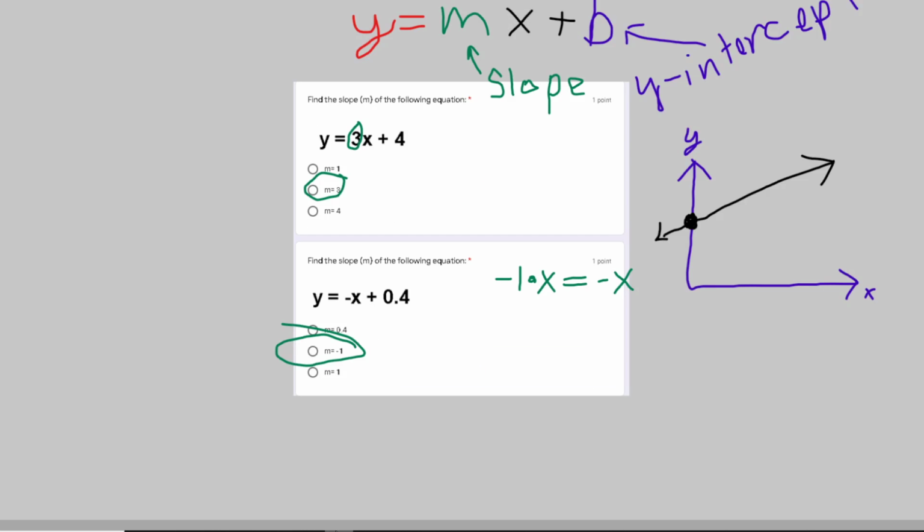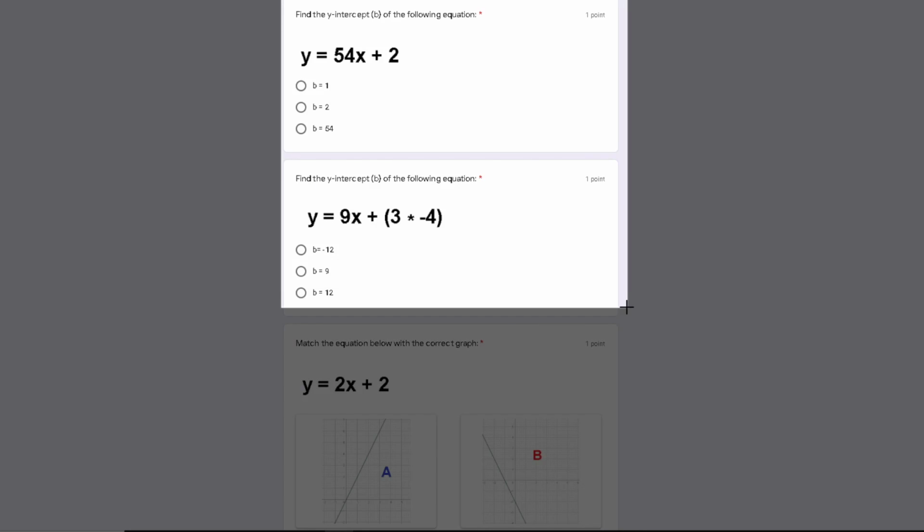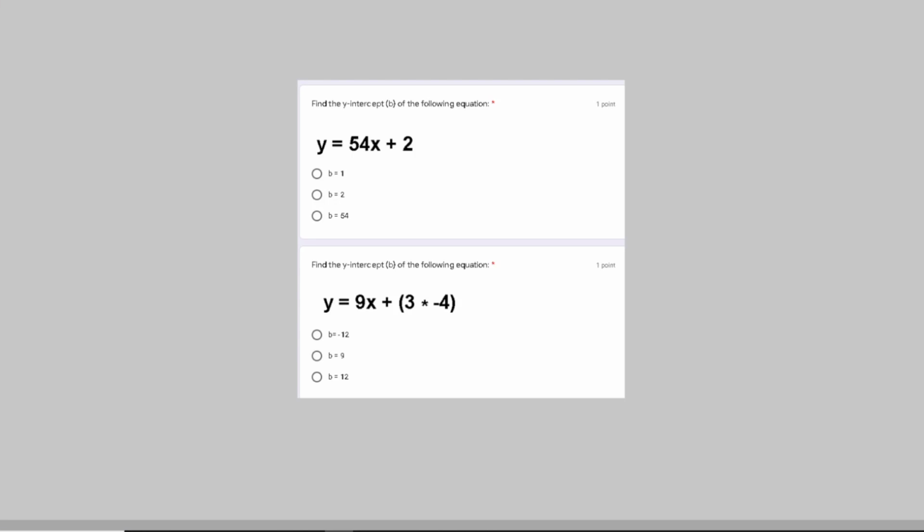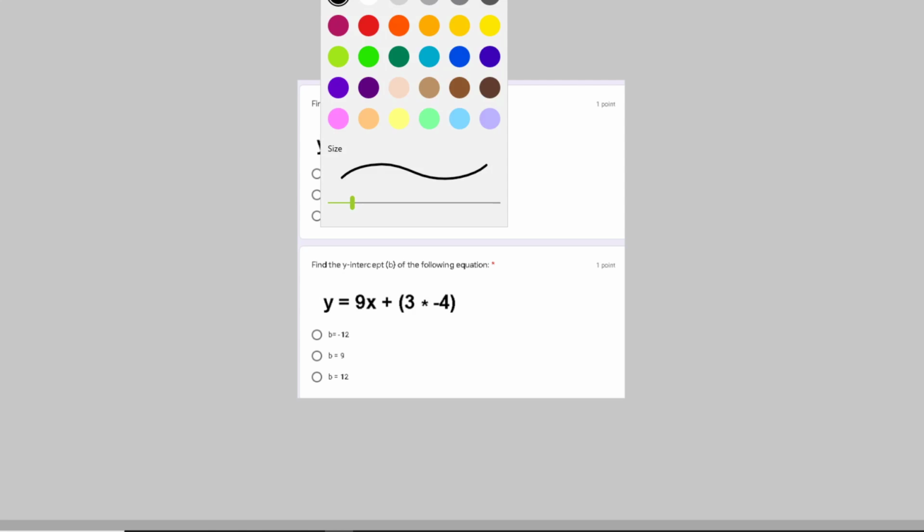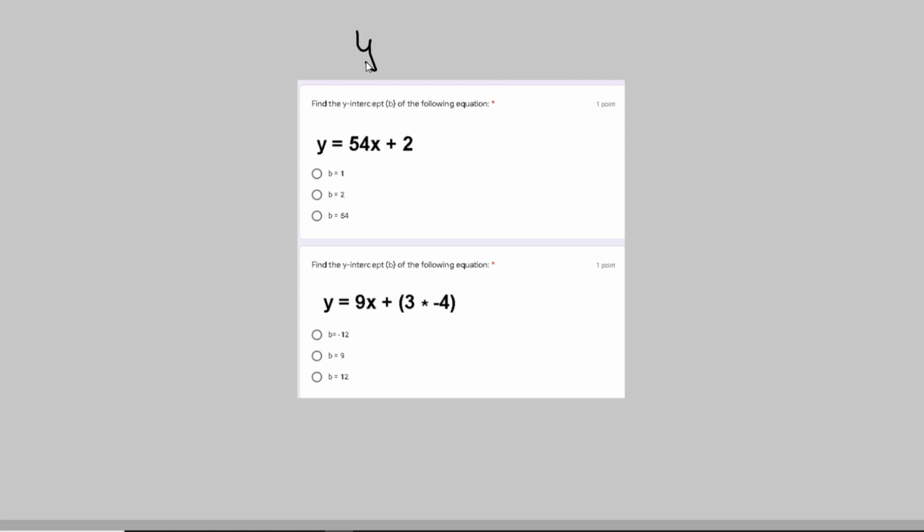All right, let's take a look at these ones. Find the y-intercept of the following equation. Again, remember we said y is equal to mx plus b, and this was our y-intercept, or b. So all you need to do is just read these off.